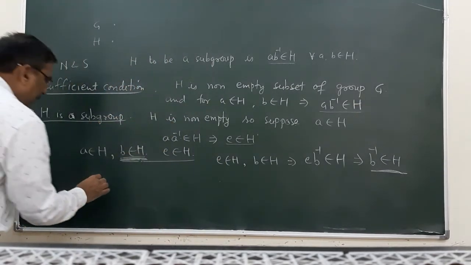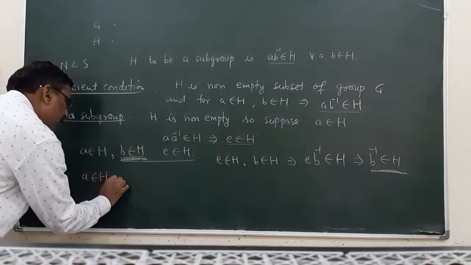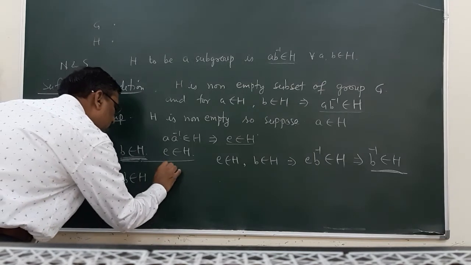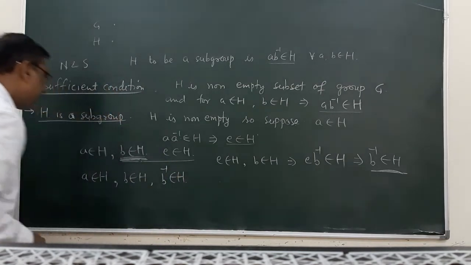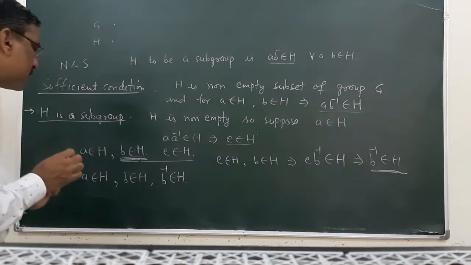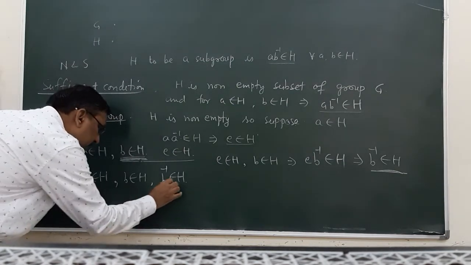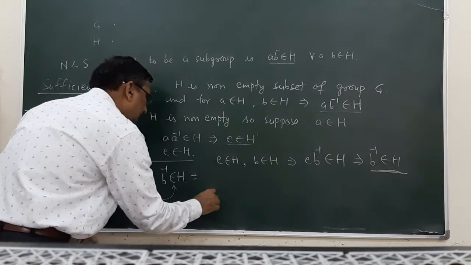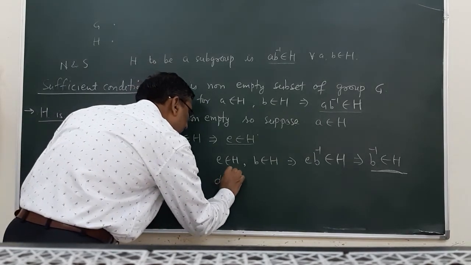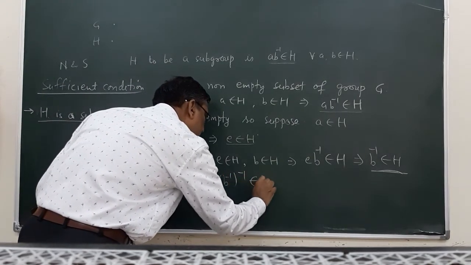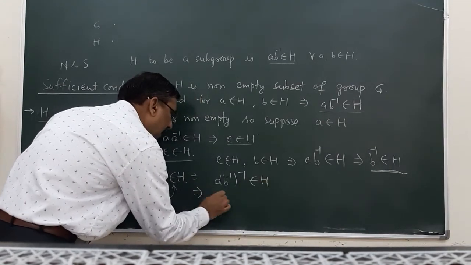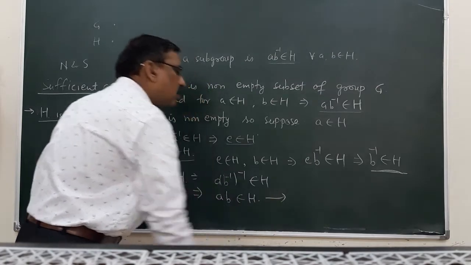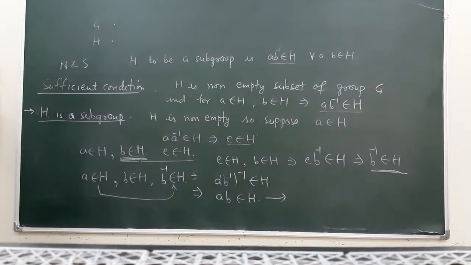Again, a belongs to H, b belongs to H, b inverse belongs to H. Using these two and again applying the property, a b inverse belongs to H. This implies a b belongs to H. Means the closure property holds good.